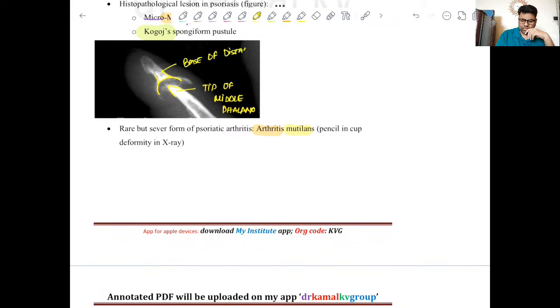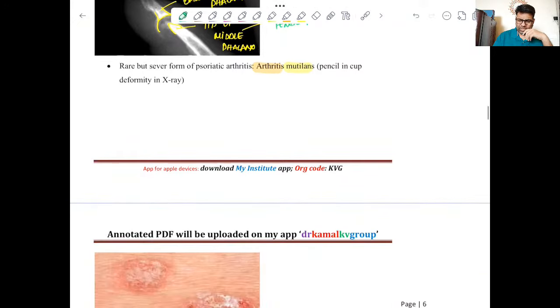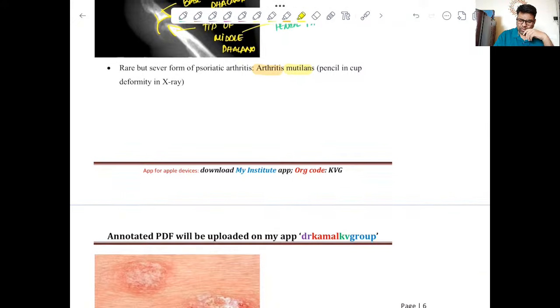So it becomes cup shaped, and this becomes the pencil tip, and this becomes the cup. Clear? So classical pencil-in-cup deformity, very easy to remember.